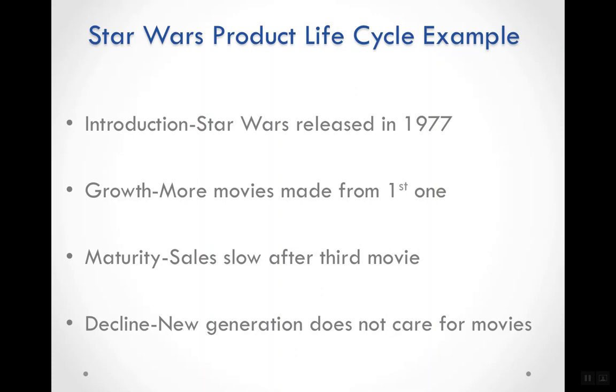Once they made the third movie, the interest of customers in the movies slowed down. At this stage, they have reached the peak of sales, there are no more innovations that can happen in this product, and they have to face a lot of competition at this stage.